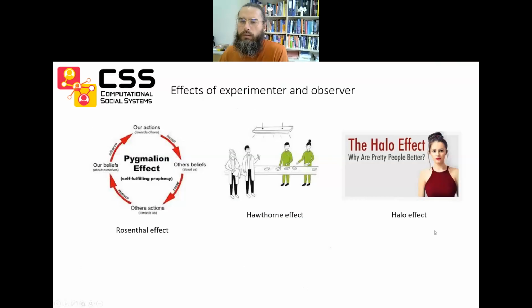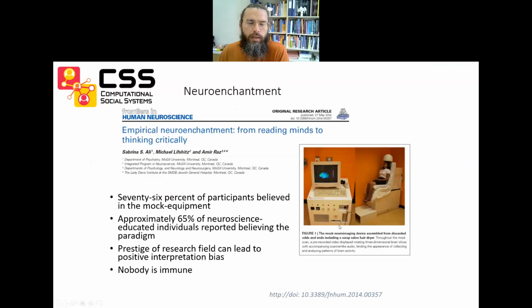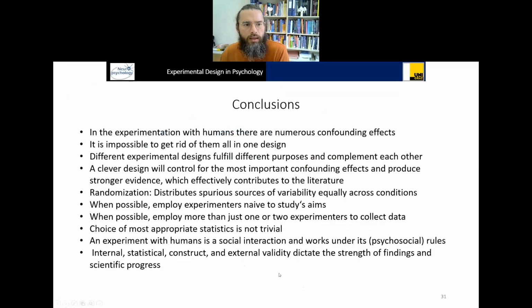But people tend to attribute visible signs to invisible properties or characteristics of people, and these may be important in your designs as well. All right, that's it. I will just skip this last one, and we can go to the conclusions.